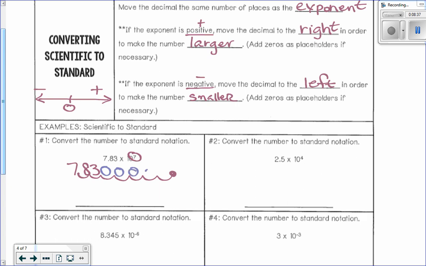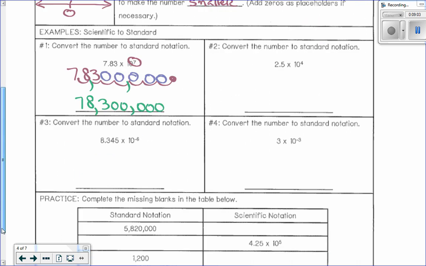Add zeros as placeholders, and then add commas. That gives us 78,300,000.